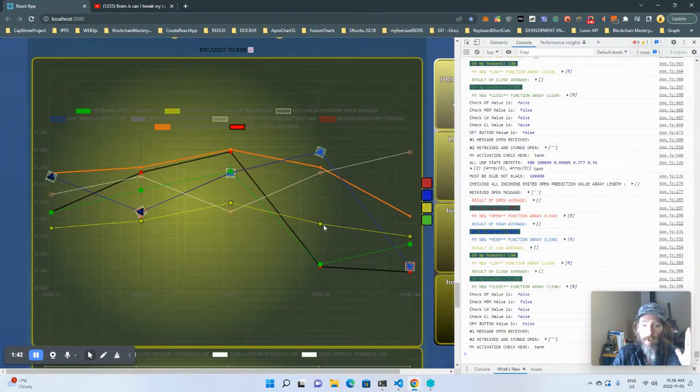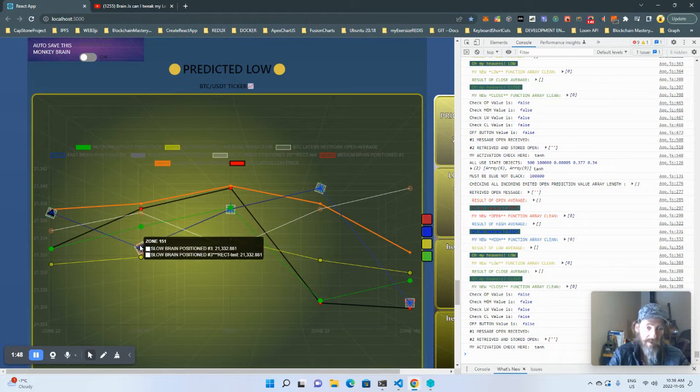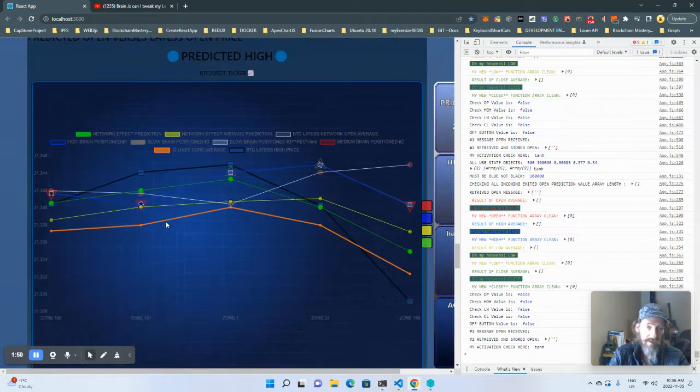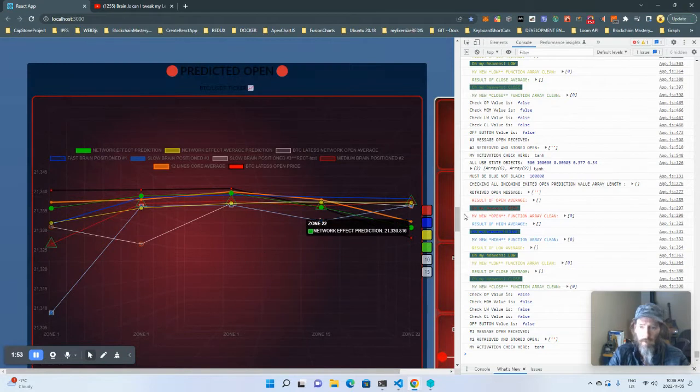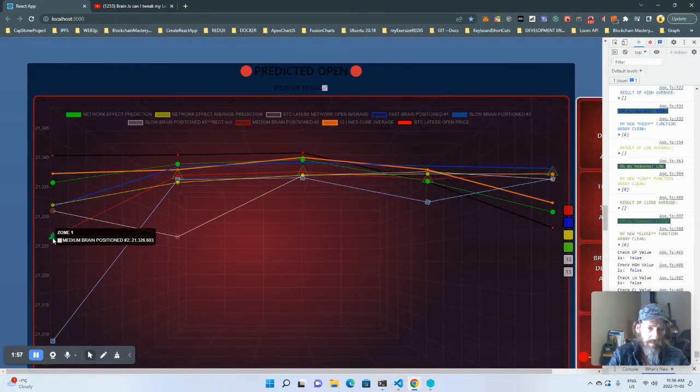So what I'm doing is, I have three brains, and here we can't really see it because they're close together. But just to get a visual, they're all here. We have a red, which is a medium brain, the blue is a fast, and this one's the slow.